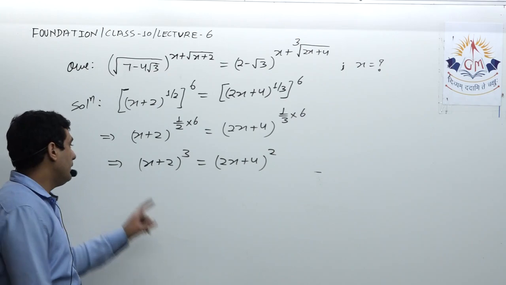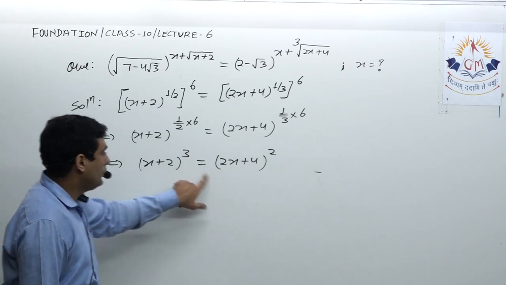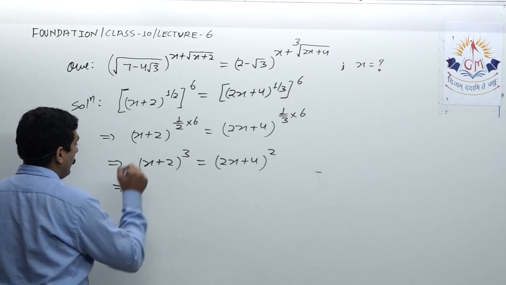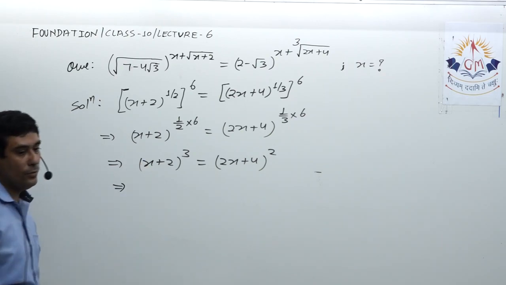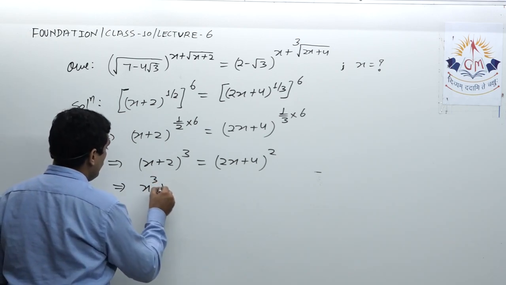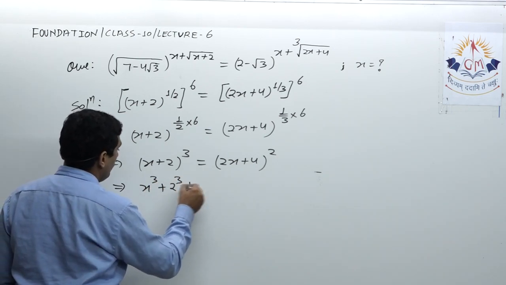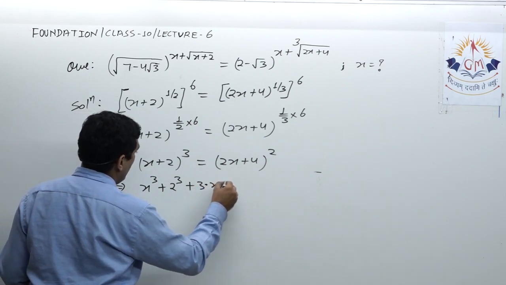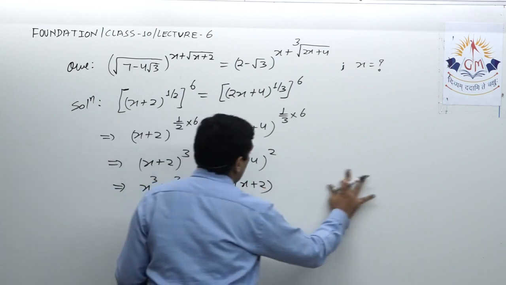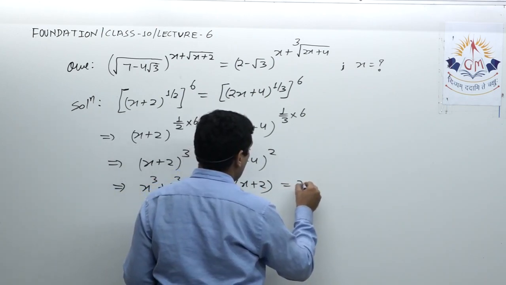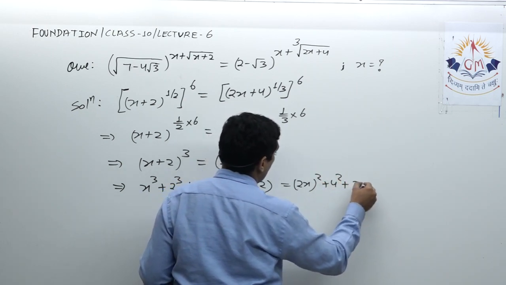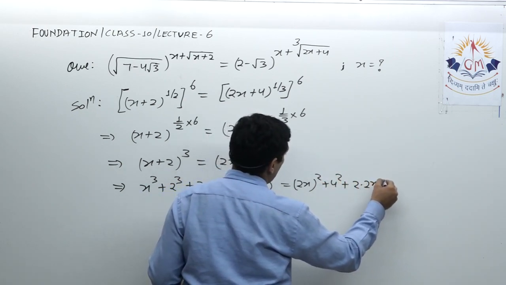Now you should know the identity of (a plus b) whole cube as well as (a plus b) whole square. The identity of (a plus b) whole cube is a cube plus b cube plus 3 into a into b into (a plus b), and (a plus b) whole square is a square plus b square plus 2 into a into b.